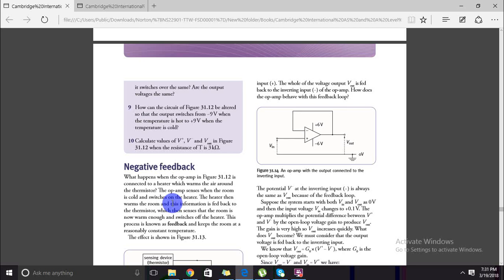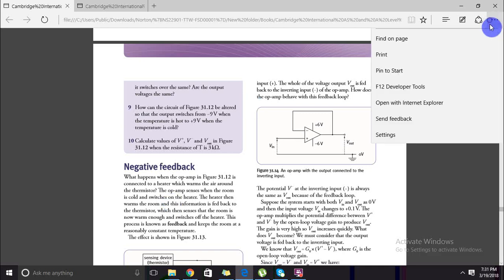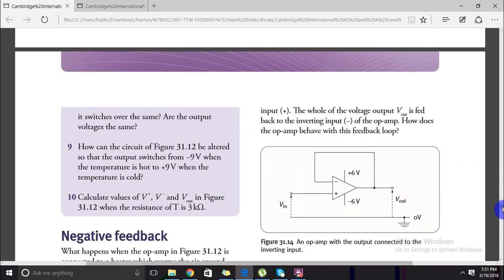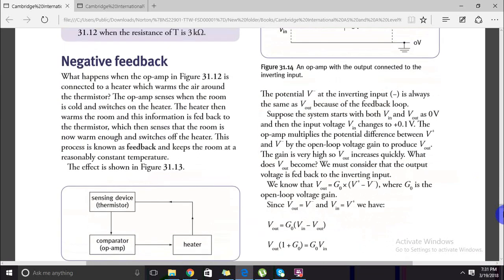So one question is, how does the op-amp behave with this feedback loop? The potential V minus at the inverting input is always the same as Vout because of the feedback loop. All of it is being fed back in.